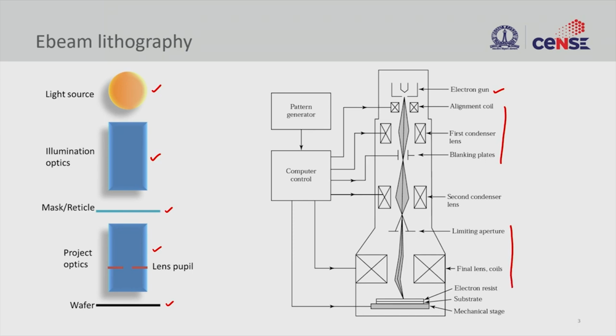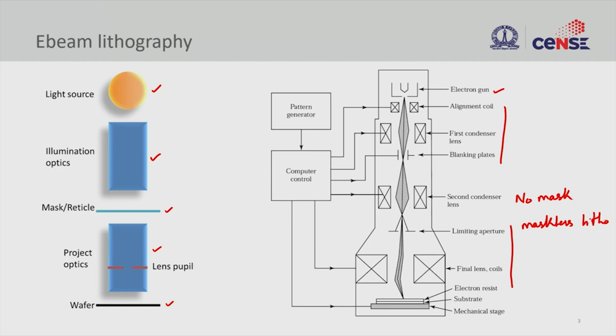But since there is no mask involved, in electron beam lithography we don't use a mask. So there is no mask, and that's the reason why we call it a maskless process, maskless litho. So you don't need any mask. So how do we pattern the structures then?